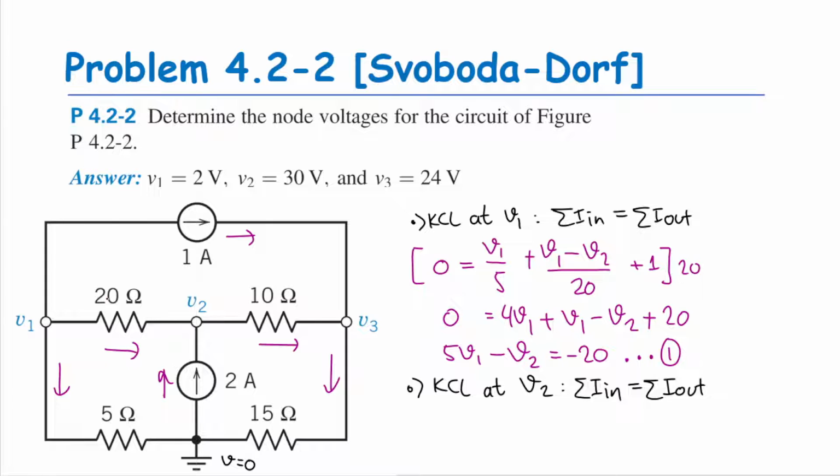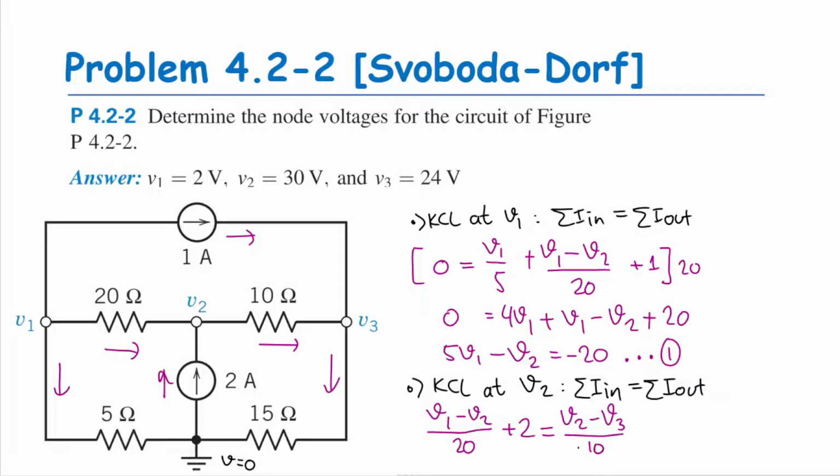So we will have V1 minus V2 divided by 20. And then this 2 ampere here, so we'll have plus 2. And then this current here is going out, so we will have V2 minus V3 divided by 10.